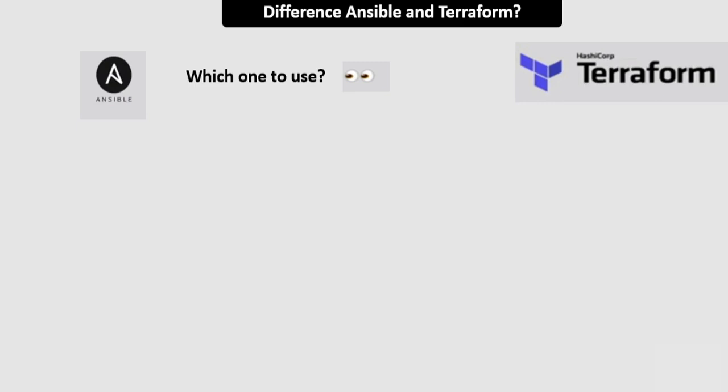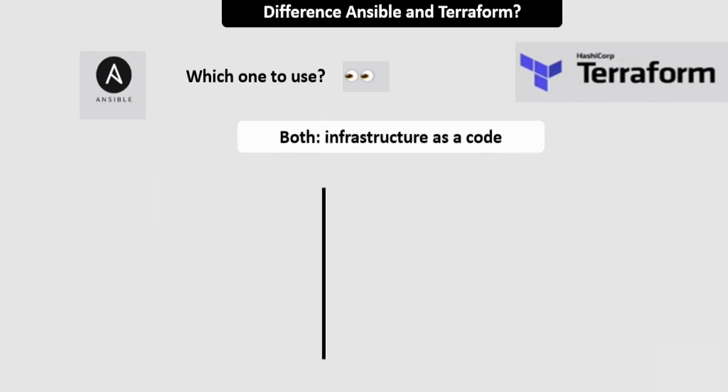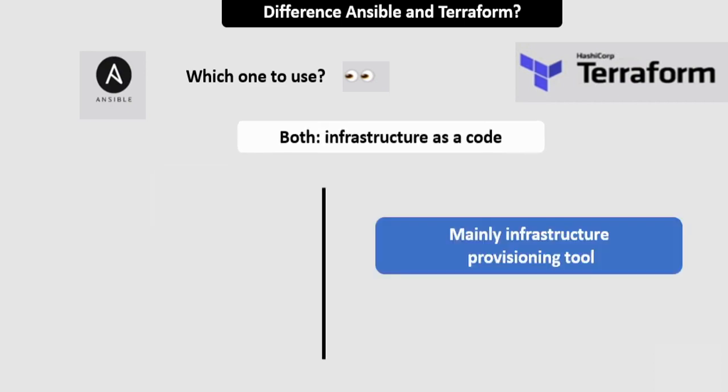First of all, Terraform and Ansible both are infrastructure as code, meaning they're both used to automate provisioning, configuring, and managing the infrastructure. However, Terraform is mainly an infrastructure provisioning tool. Now that's where its main power lies.